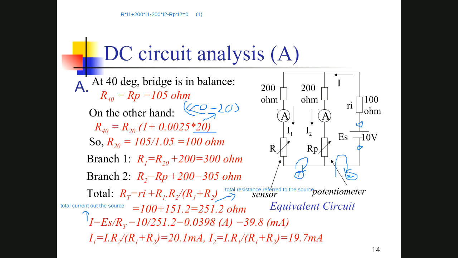But here, because the current is upward through R1, but we count the loop in the counterclockwise direction, so here will be plus. And also the total current I, which is the sum of I1 and I2, is upward.